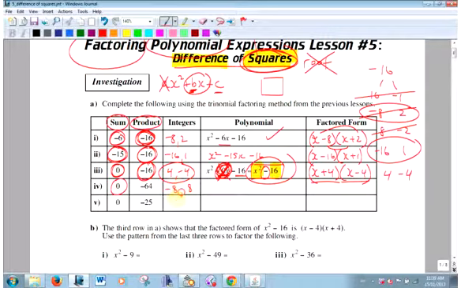That's your clue. So this thing factored is x minus 8, x plus 8. What is the trinomial? x squared plus 0x minus 64. I could also write that without the 0x: x squared minus 64. That's a difference of squares.